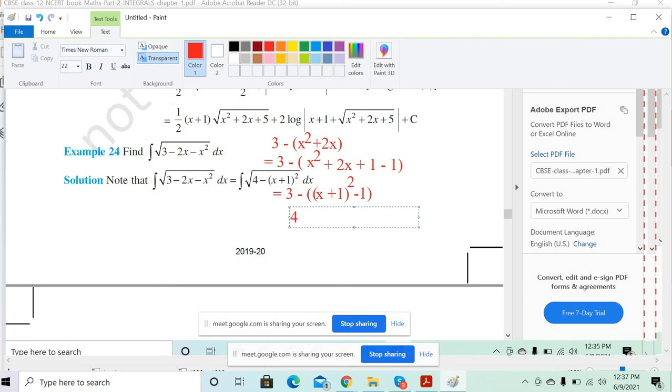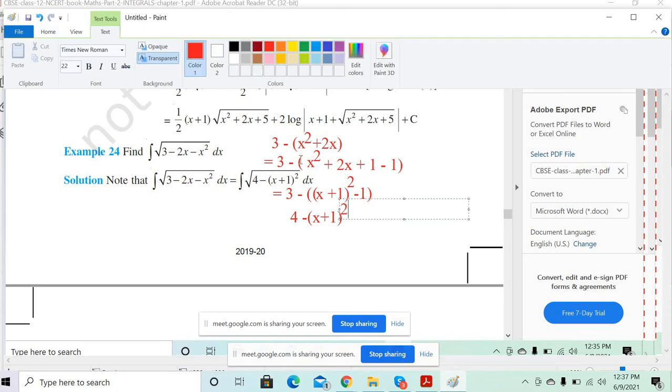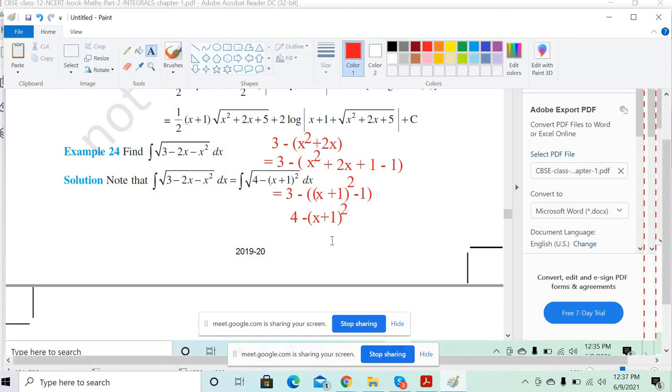It becomes 4 minus x plus 1 whole square. So you should be able to get it like this, Vijay. Just check if you are able to get it. Okay, sir.